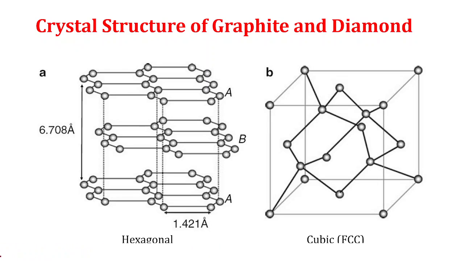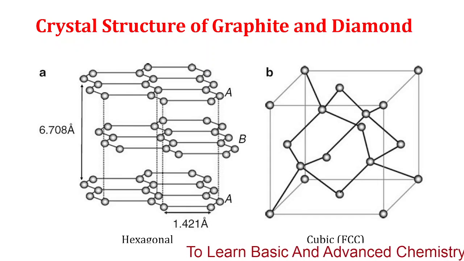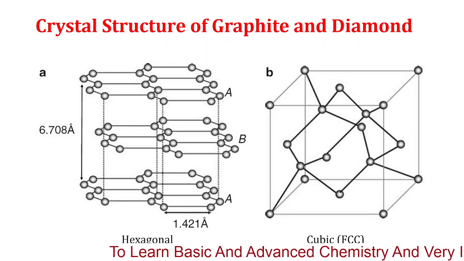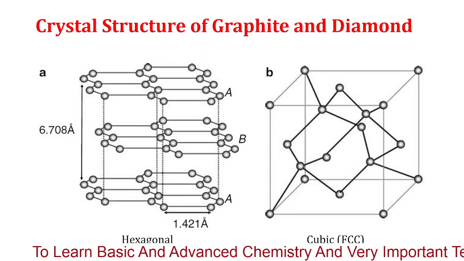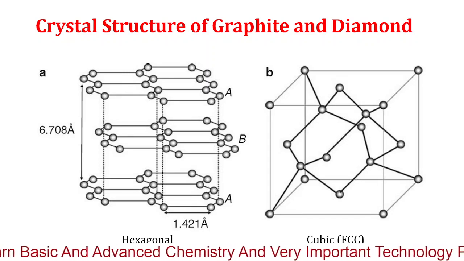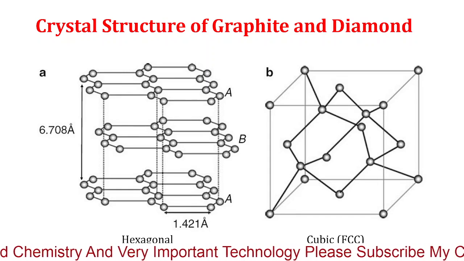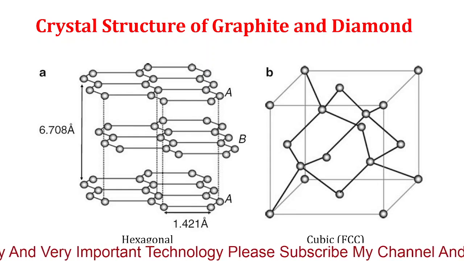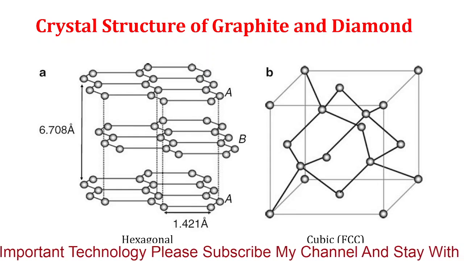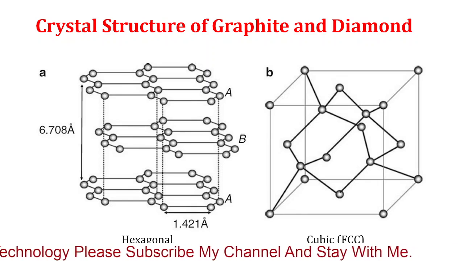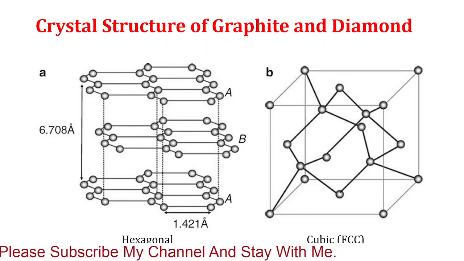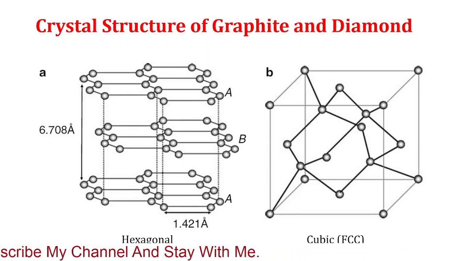So how does the pencil work? How does the pencil work and how is diamond used to cut the glass? Glass is very hard, and also very brittle. You can use diamond to cut the glass, and you cannot use graphite to cut the glass.